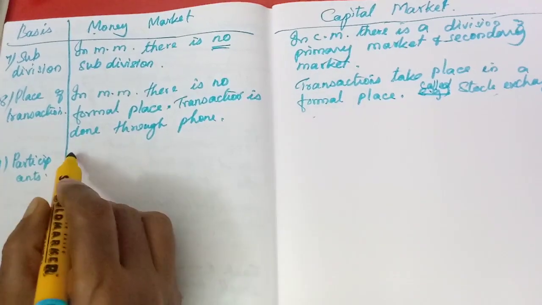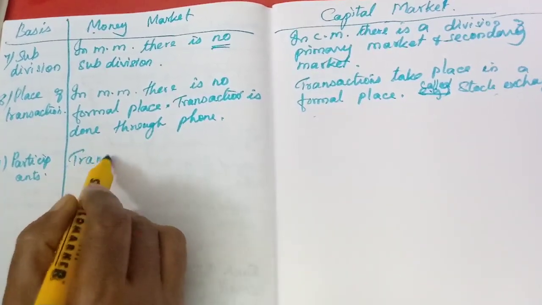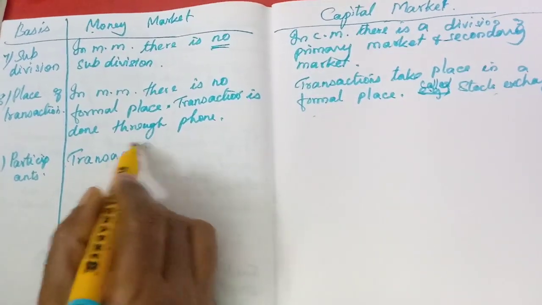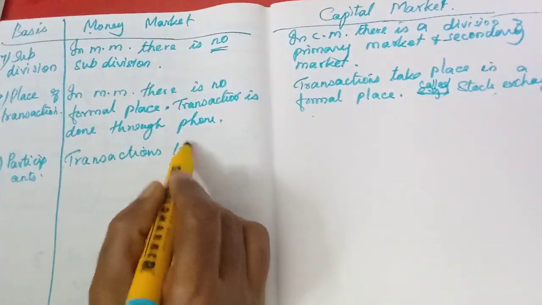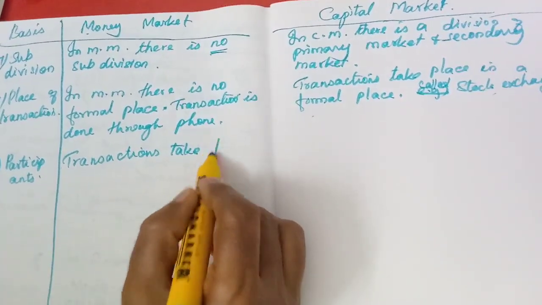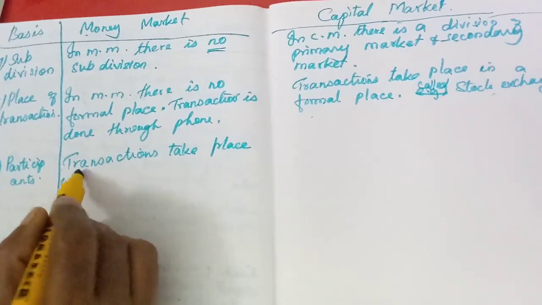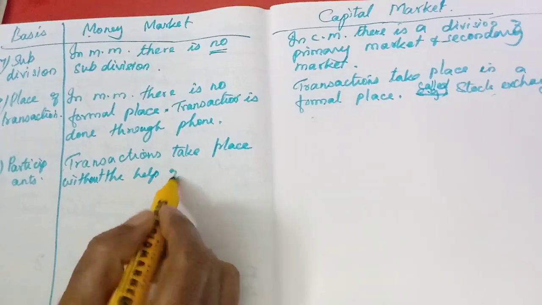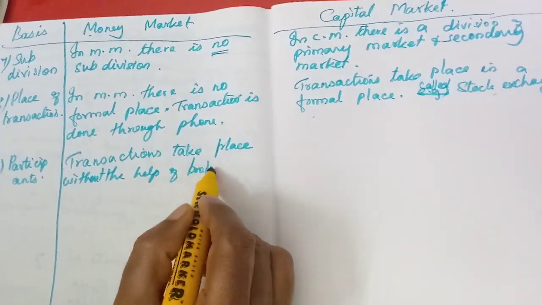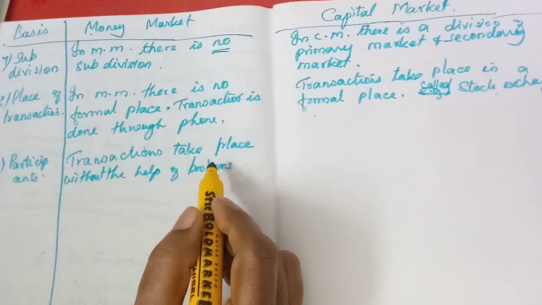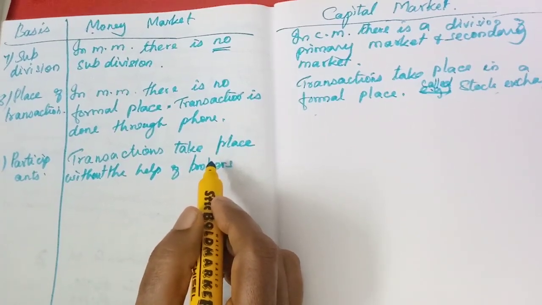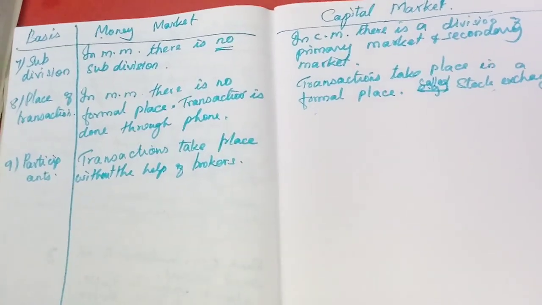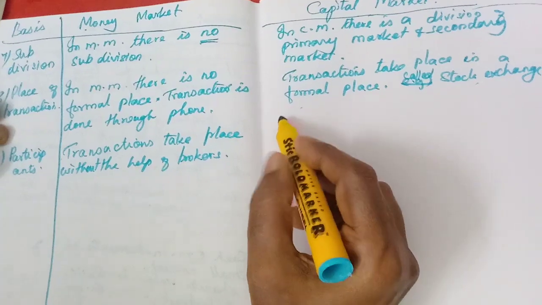In money market, transactions are done without brokers. Transactions take place without the help of brokers. No brokers will be there. But in capital market, there will be brokers.